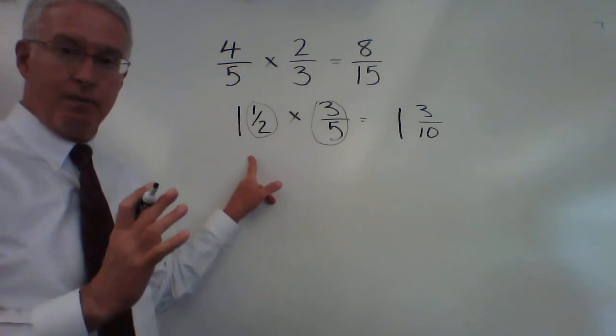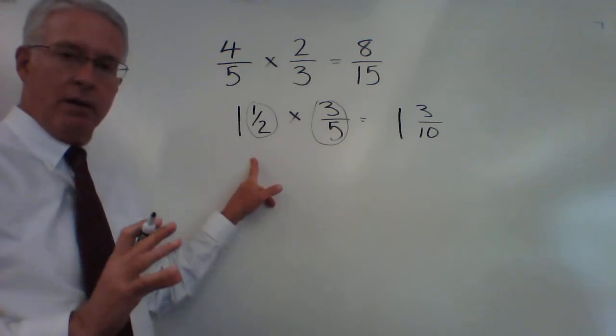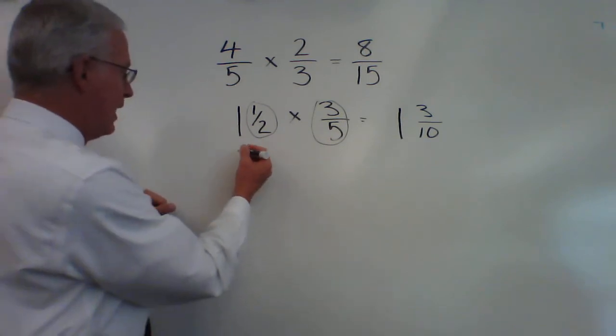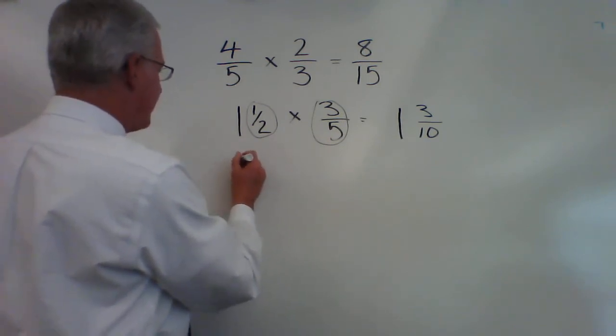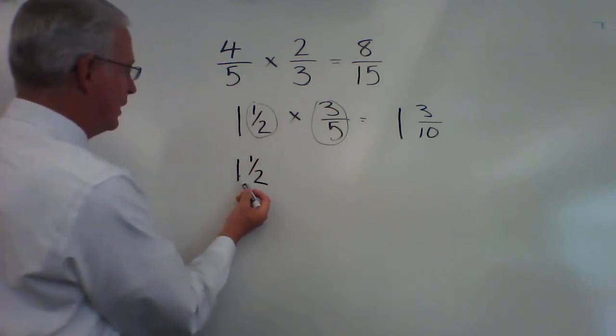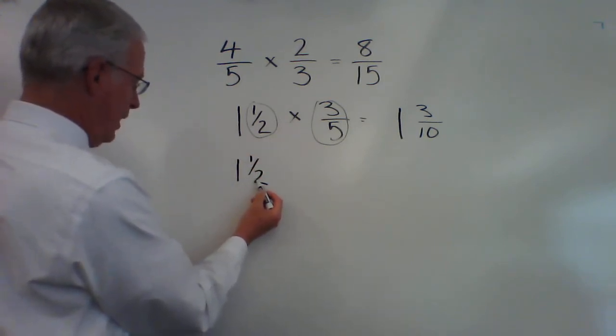But let's undo the mixed number and make it into an improper fraction and see if we get a different answer. So 1 1/2. Let's go 1 times 2.